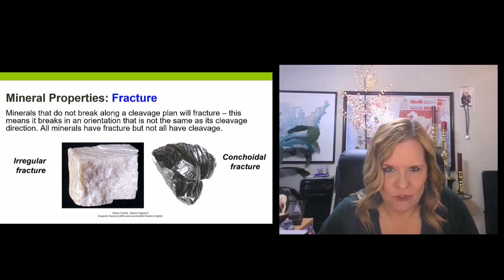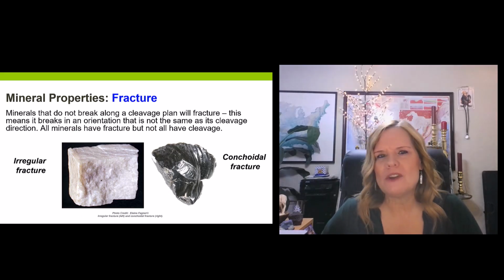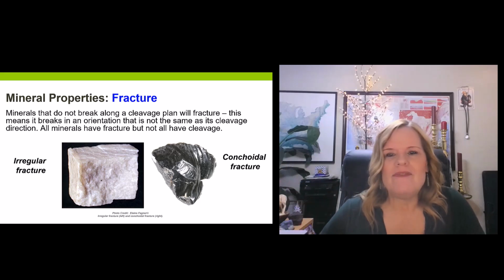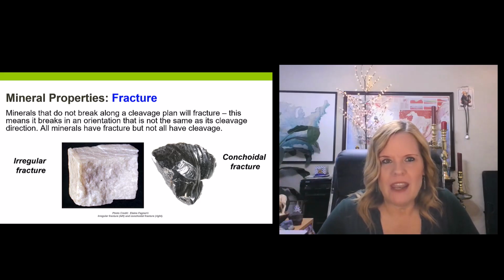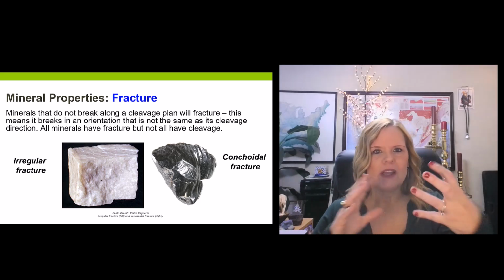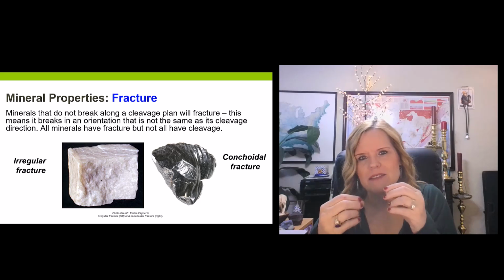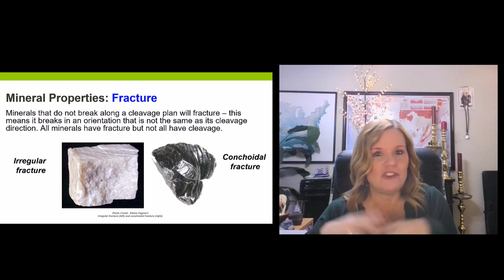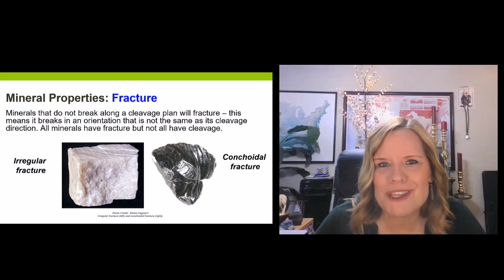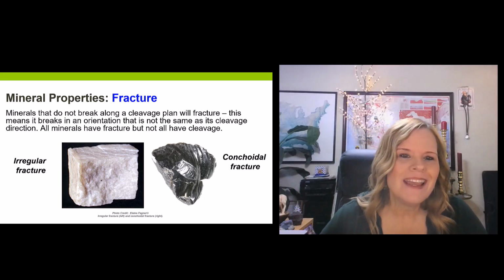Fracture is something different. Minerals that don't break along a nice flat or smooth plane would fracture. I like to think of a glass bottle that's been dropped, and maybe the bottom of it fractures a bit and doesn't completely shatter, but it breaks in a rough edge. That's what I want you to be thinking fracture looks like.